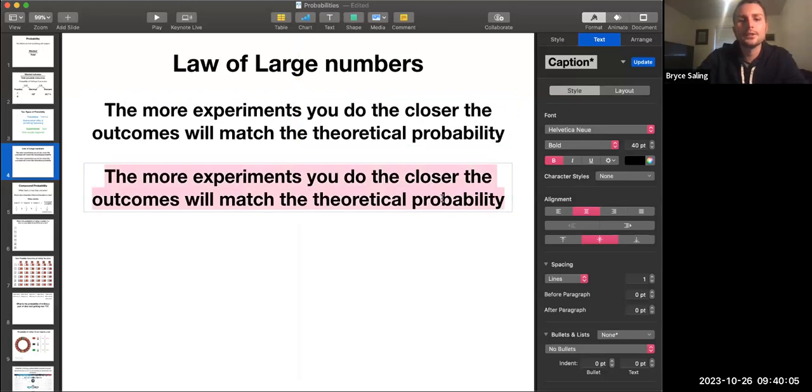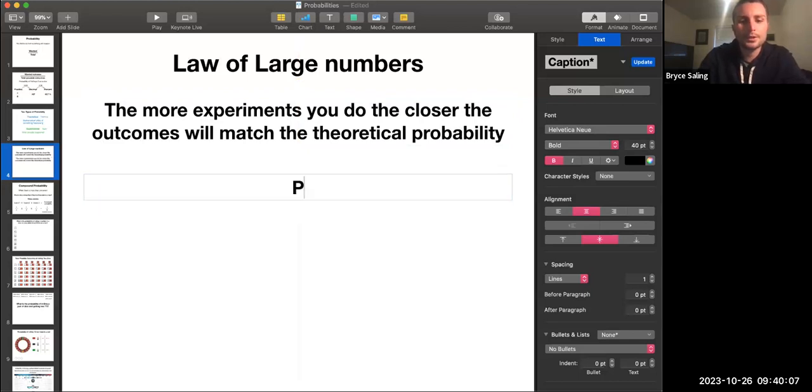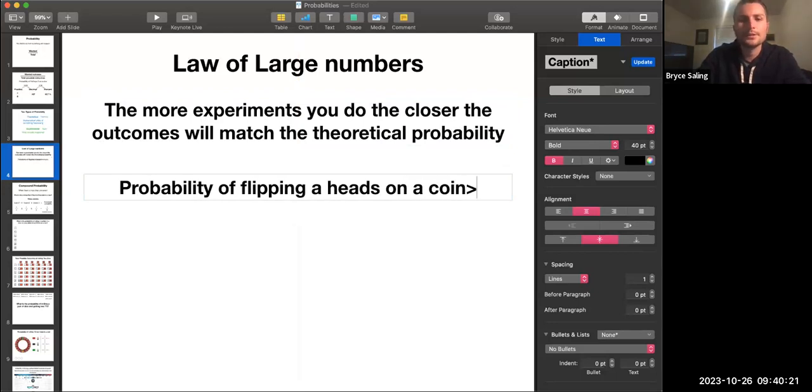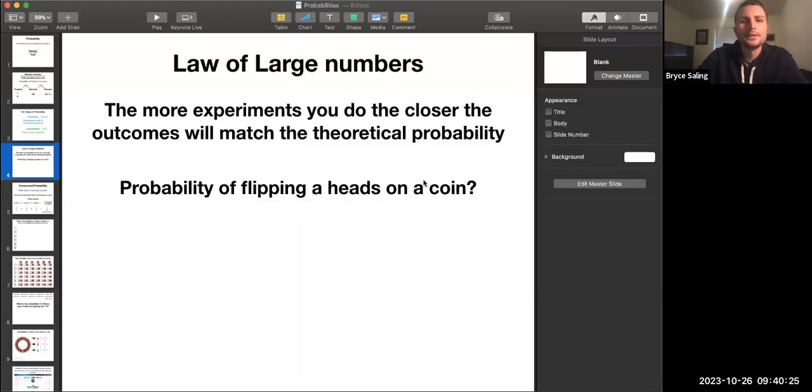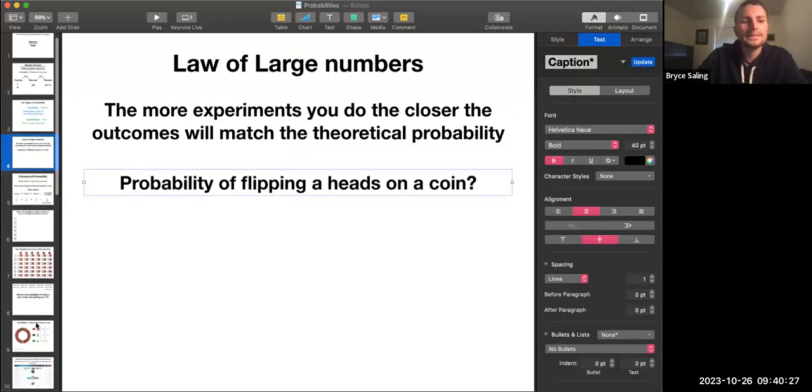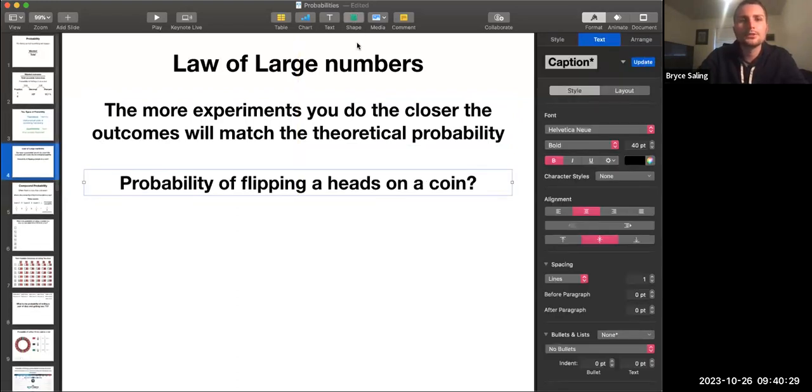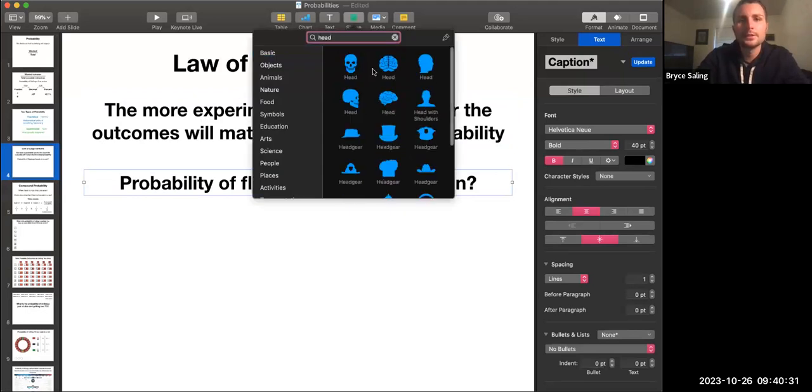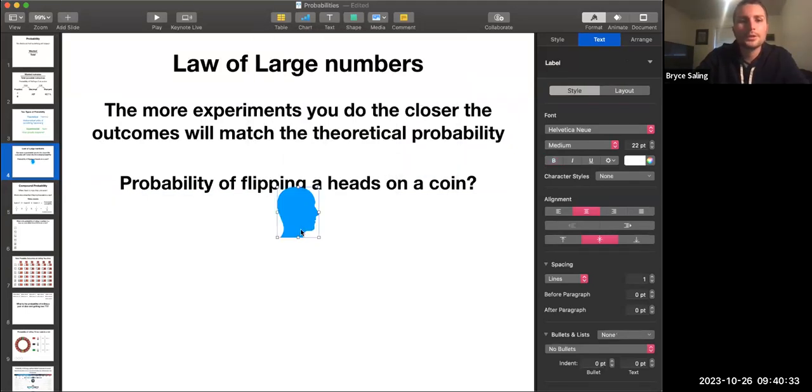And so let's say we're trying to predict the probability of flipping a heads on a coin, right? So that's a pretty basic probability. We'll just make a coin here.